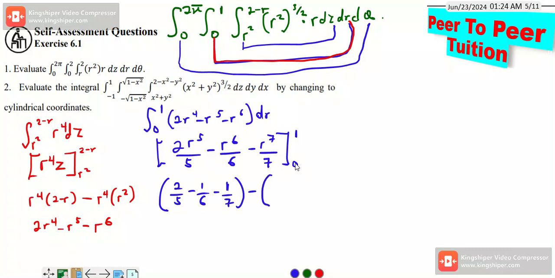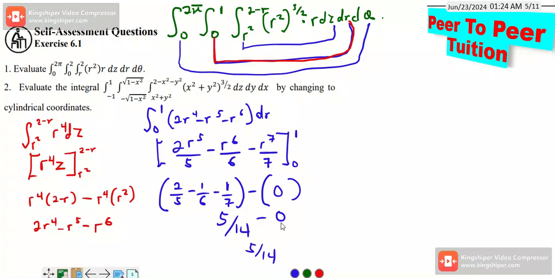Then when I slot in 0, everything will be 0. So let us calculate. 2 on 5 minus 1 on 6 minus 1 on 7 will give me 5 on 14. 5 on 14 minus 0, so I still have 5 on 14.